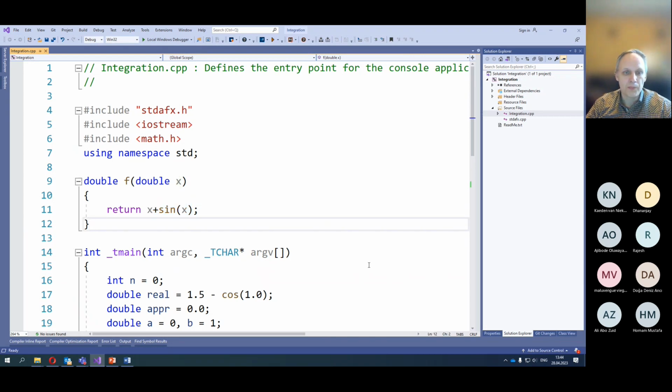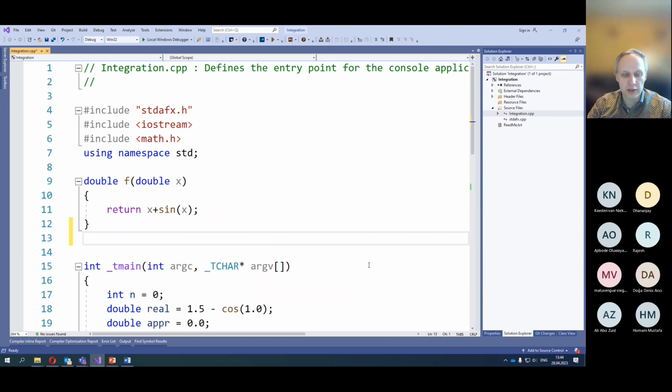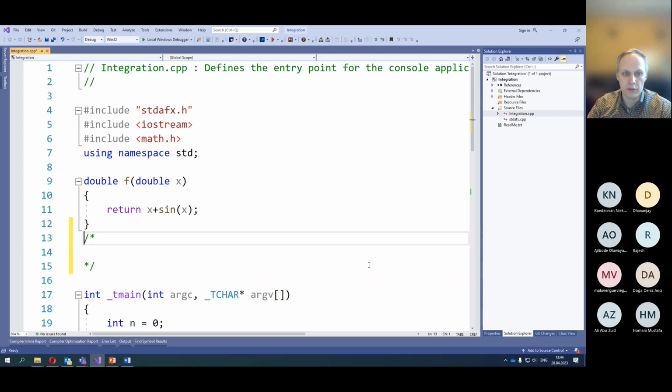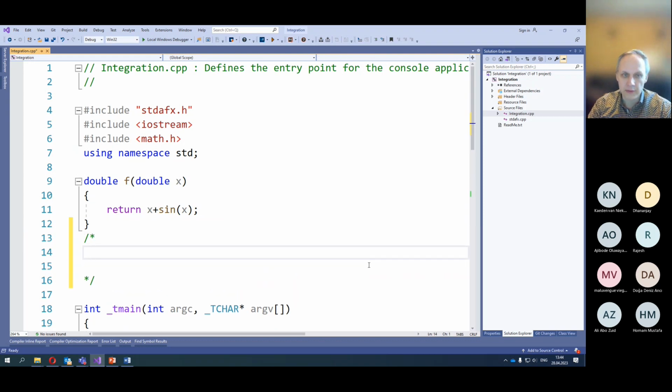First of all, let's find the real value of the integral. The real value of the integral will be useful because we want to compare the approximation that we get and the real value of the integral.